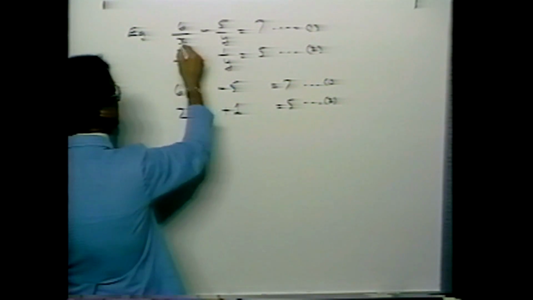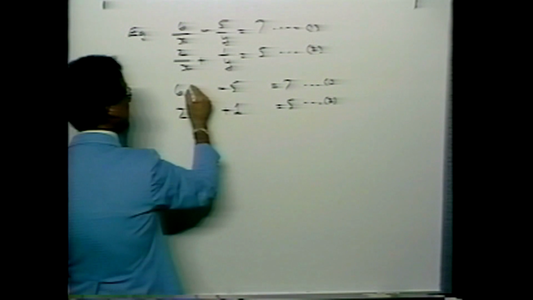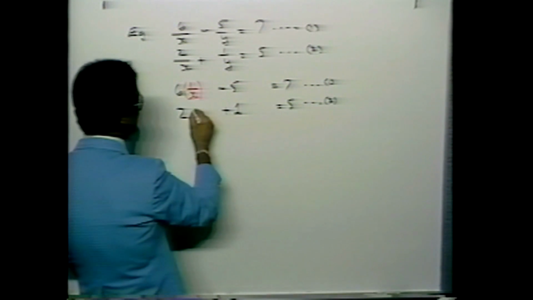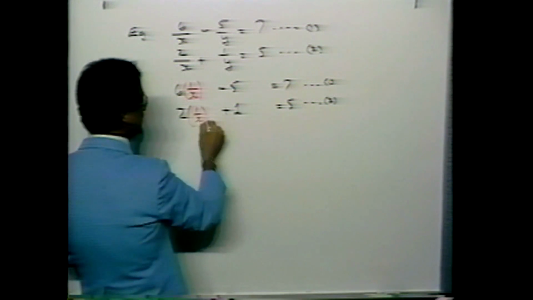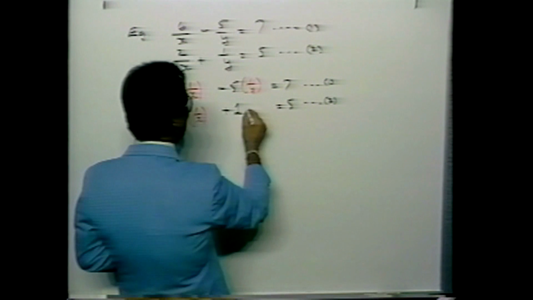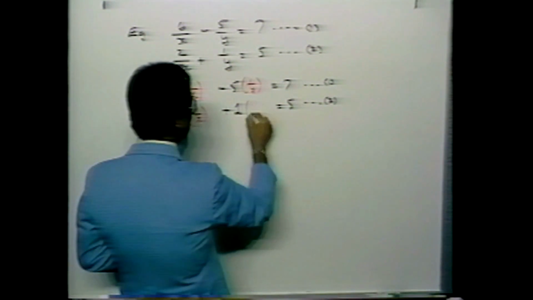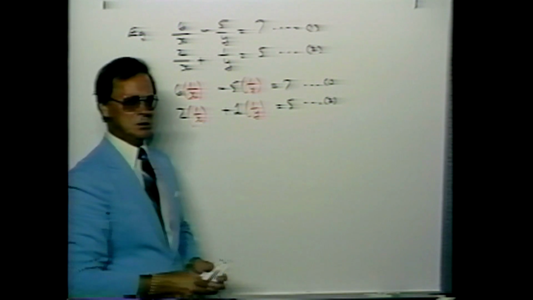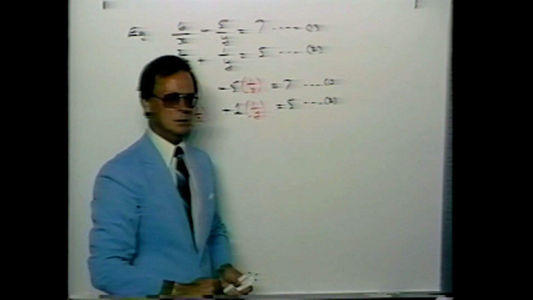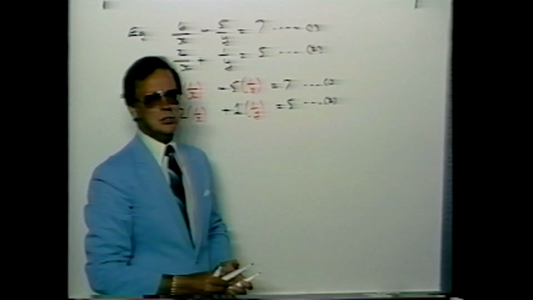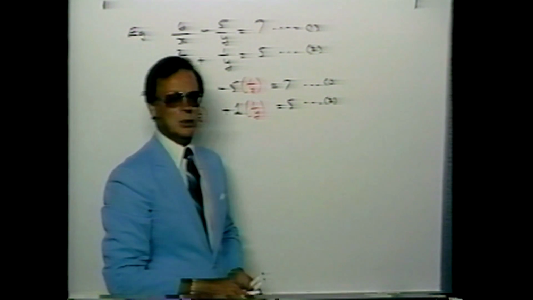In other words, 6 over x is the same as 6 times 1 over x. Similarly, 2 times 1 over x, minus 5 times 1 over y, and plus 1 times 1 over y. There you have your nonlinear variables isolated within brackets. And as I explained earlier, what you must do is substitute these nonlinear variables with linear ones.